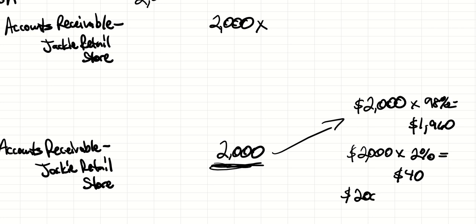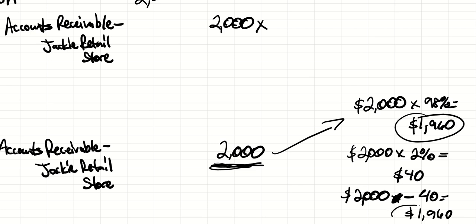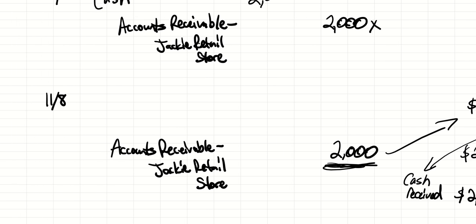Take 2,000, sorry, not multiplying it, subtracting 40 from it, and that's going to give you your 1,960. Either way, as long as you get to this 1,960, no matter which way you get to it, it's fine. That's the correct amount. So this amount here is going to be the cash received amount. That's the cash amount that's going to be debited. So that amount, 1,960, is going to be debited to cash.